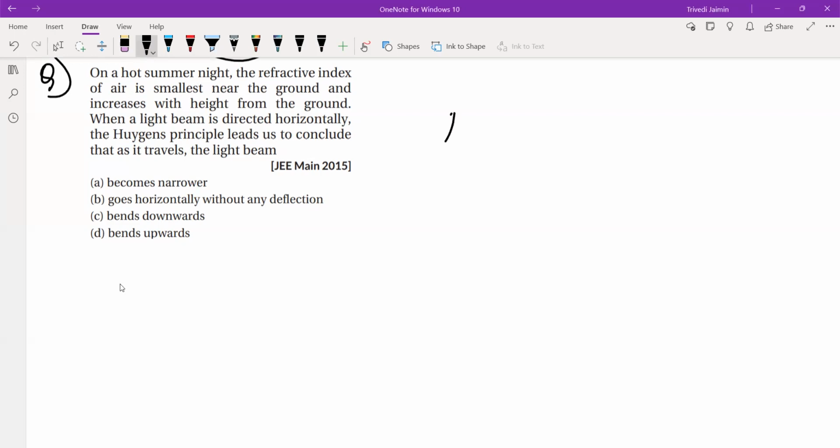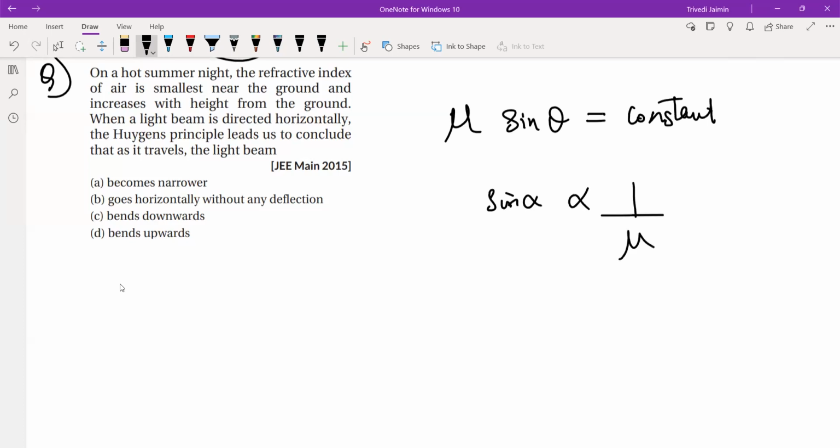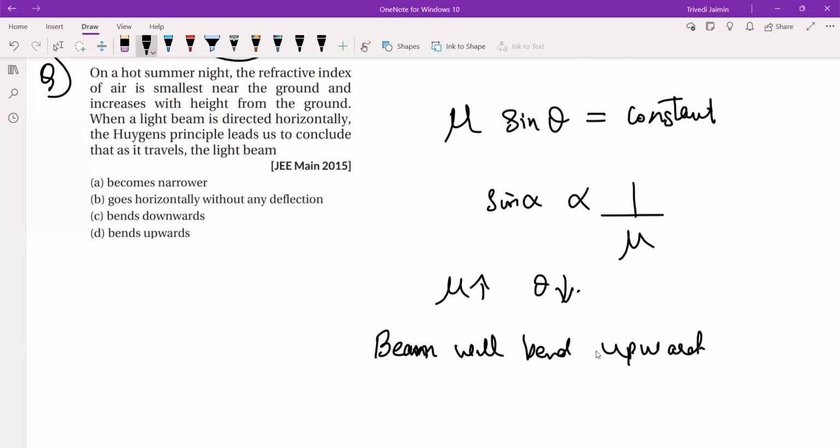By Huygens principle, mu sine theta equals constant. So sine theta is proportional to 1 by mu. What does it mean? Mu increases, theta decreases. So the light beam will bend upward.